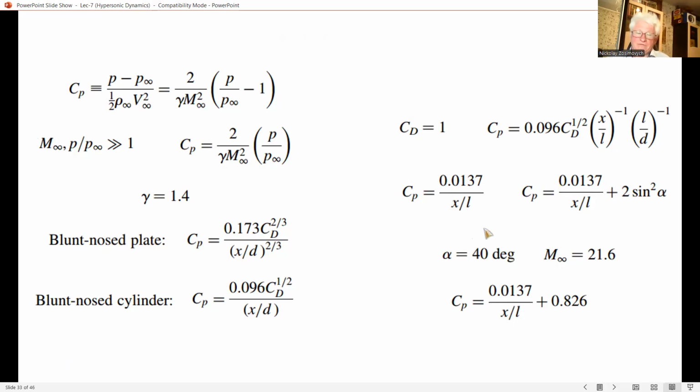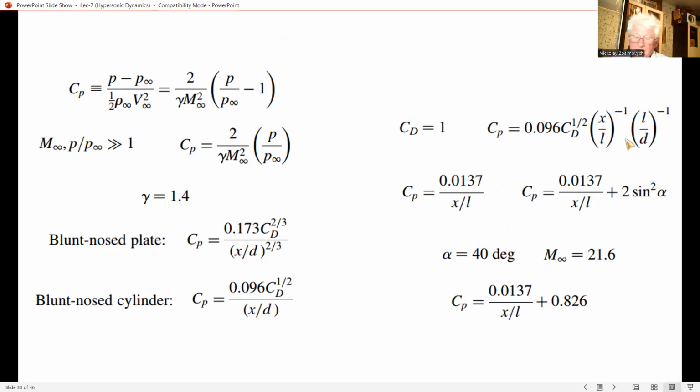Moreover, the drag coefficient of a hemisphere from simple Newtonian theory is Cd equal to 1, and substituting these values, we can write an expression: Cp equals 0.096 Cd to the power 1 over 2 times (x over L) to the power minus 1 and (L over d) to the power minus 1.